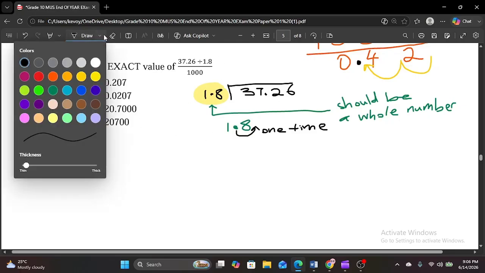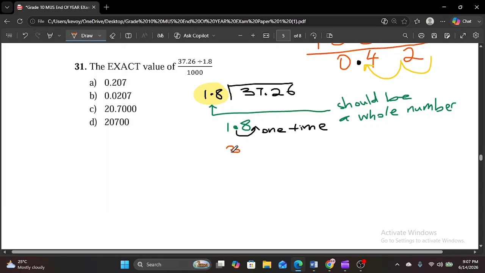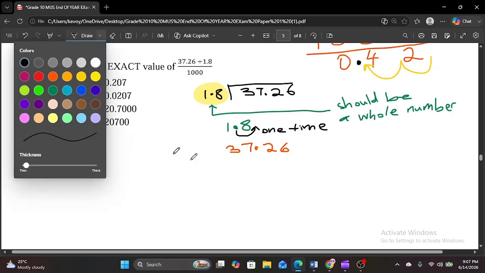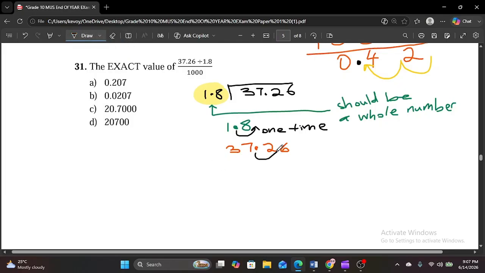The number that we're dividing by, we're going to move the same number of times. So if we're dividing by 37.26, we're going to move that point also the same amount, 1 time to the right.